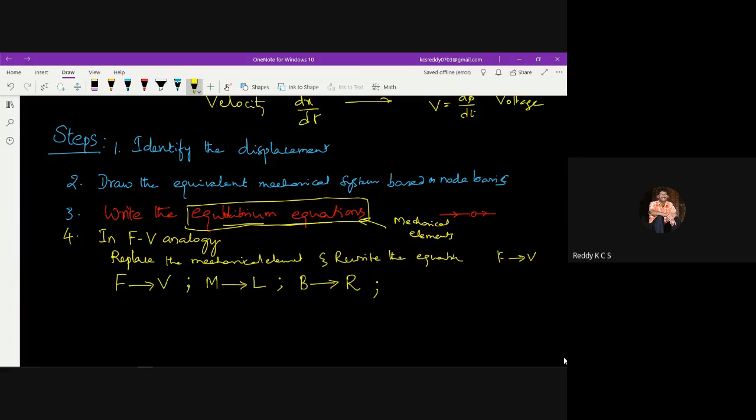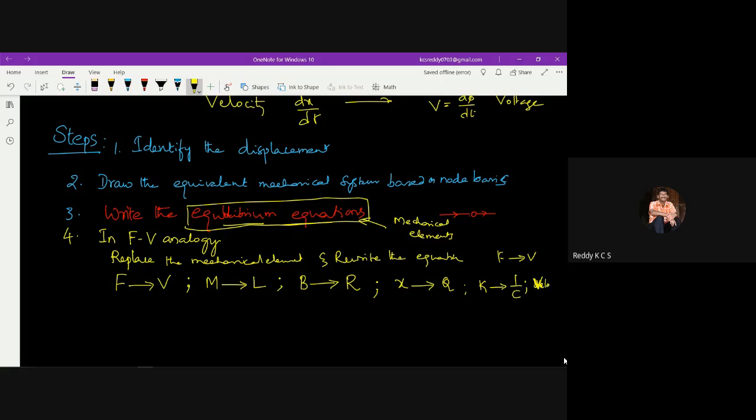If you have x, that is displacement, replace it with the rate of flow, that is Q(s). The spring constant is replaced with 1 by C. And one more: x dot, which means dx by dt, is velocity.